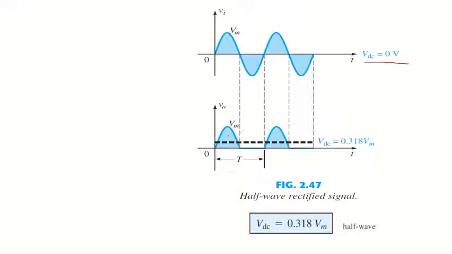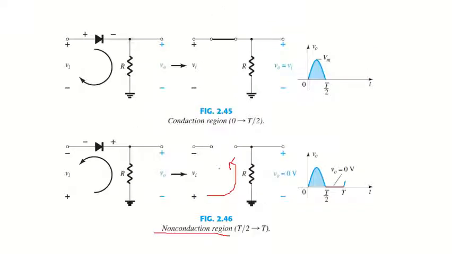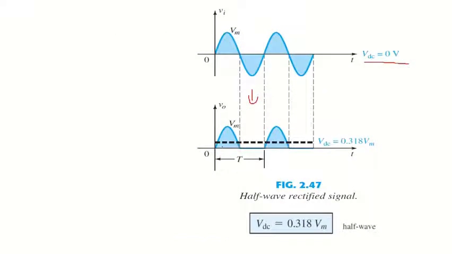But the case is quite different here. This is the output. We get Vm in the positive half, whereas we get 0 in the lower half, from T/2 to T. So for the final output of a single sinusoidal cycle with time period T, the average DC value is 0.318 Vm.